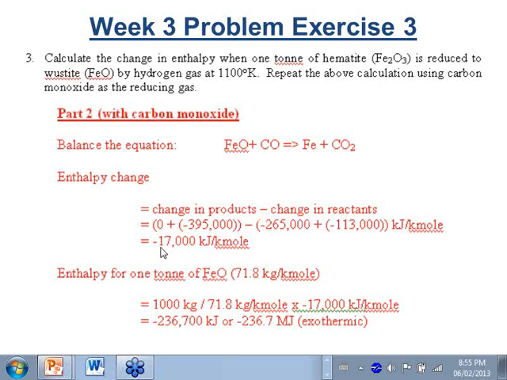And in this case here, it's negative 17,000 kilojoules per kilomole. And converting that enthalpy for 1 ton of FeO, that gives you a negative 236.7 megajoules.